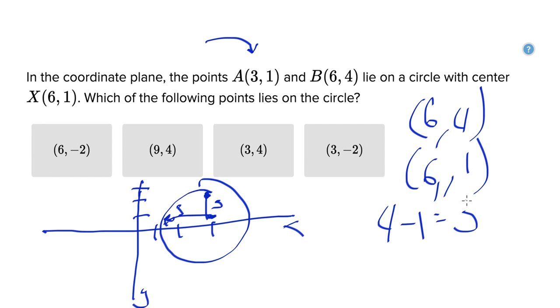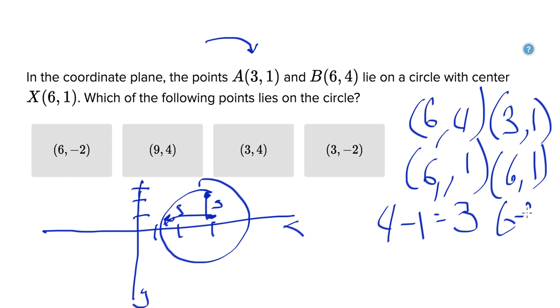And if we consider the one over here where the x value is different by 3, you have (3, 1) versus (6, 1), where the difference is also 3. So the radius of the circle would have to be 3.